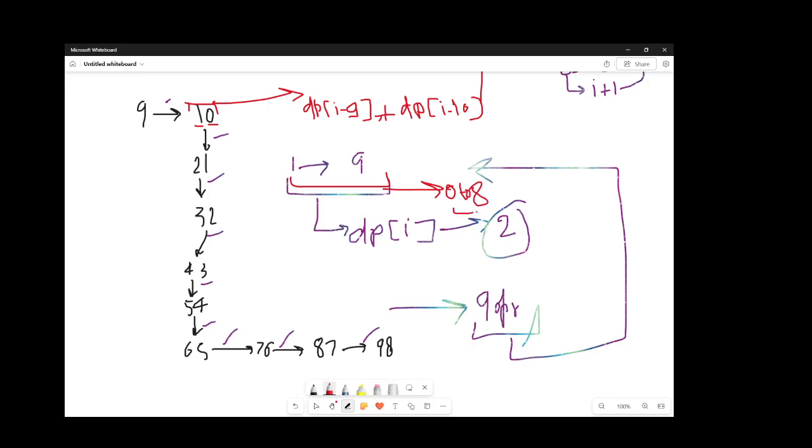And for dp of 9, when we apply 10 operations on 9, then the length would be increased to 3. So we'll write it as dp of 9 is equal to 3, right?